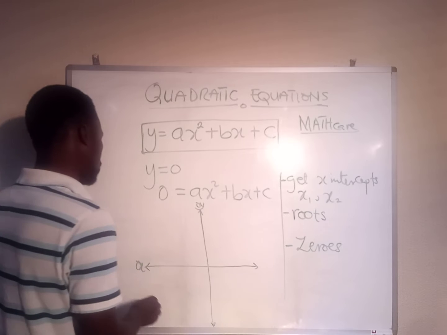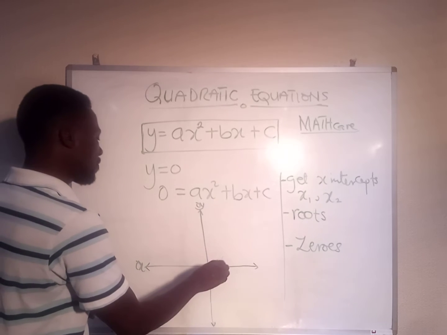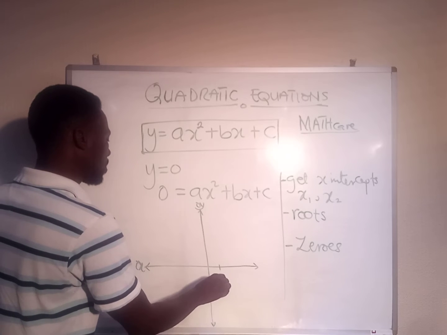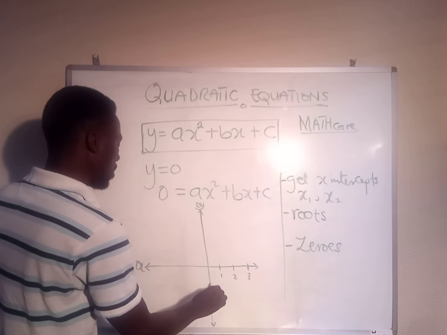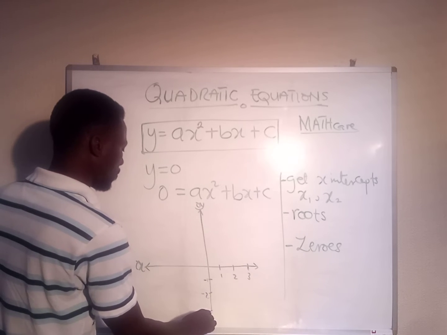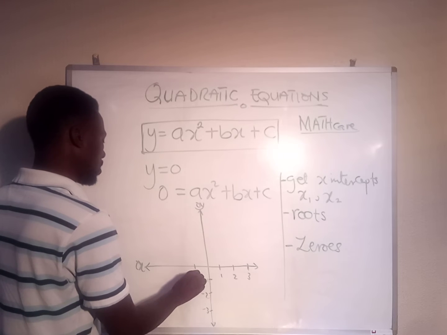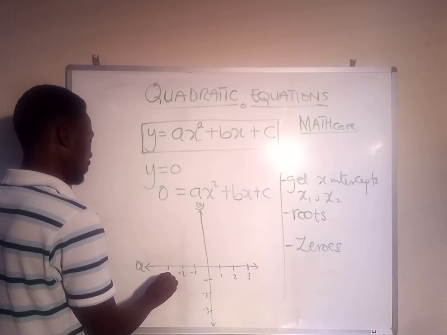Let's say here is 1, here is 2, here is 3. This is -1, -2, and -3.